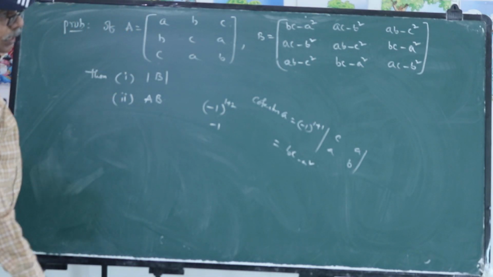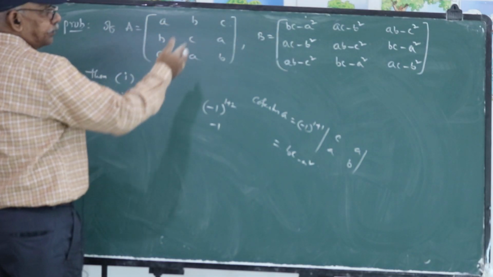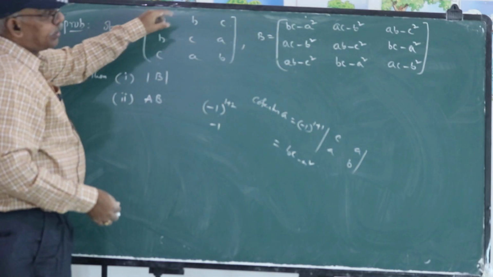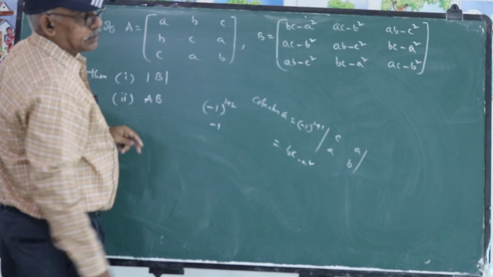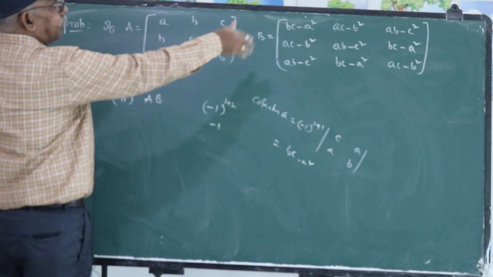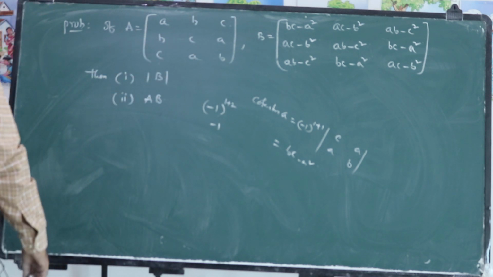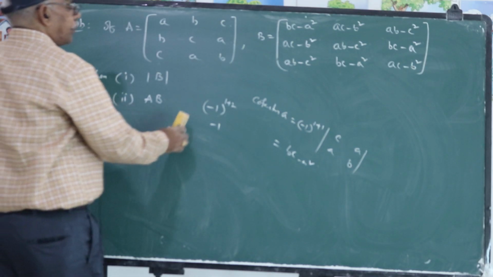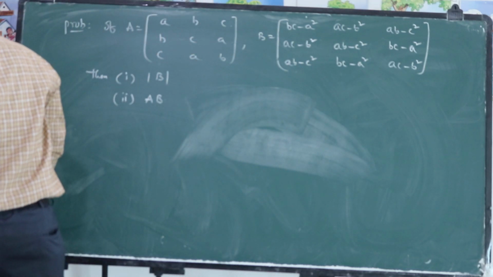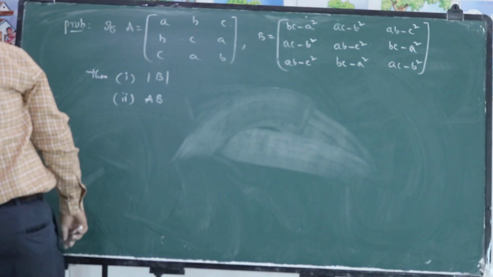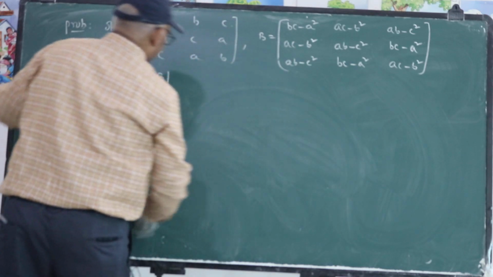So B is the transpose of the cofactor matrix of A, because each and every element of A is replaced by its cofactor, and taking the transposition we get that one. That should be observed here.